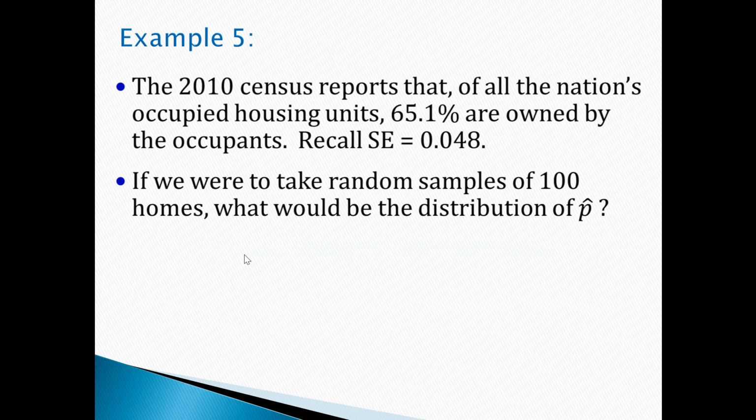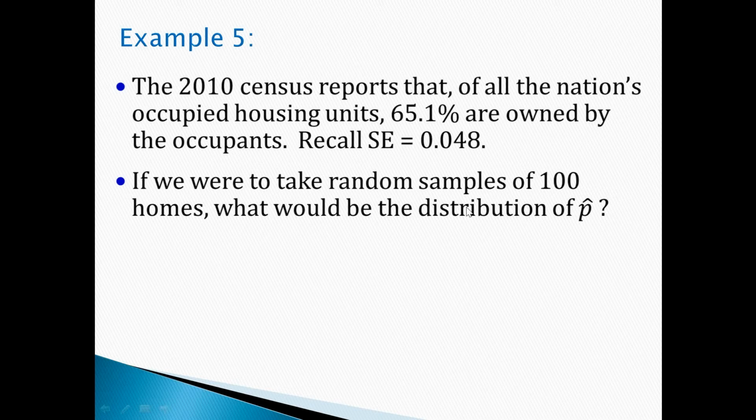Example 5. The 2010 census reports that of all the nation's occupied housing units, 65.1% are owned by occupants. SE is 0.048. If we were to take random samples of 100 homes, what would be the distribution of p-hat? So every time they ask you about the distribution, they're not asking you about the confidence interval or the hypothesis test. They are looking for one single answer. How would you describe this distribution?